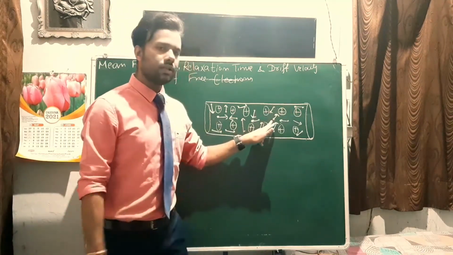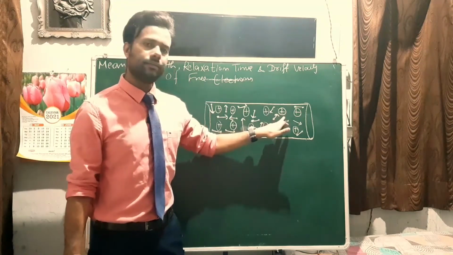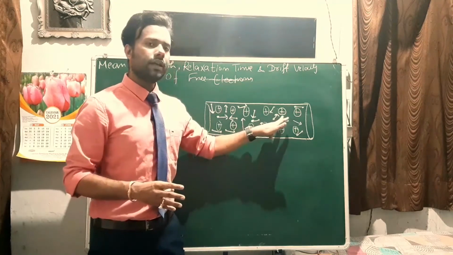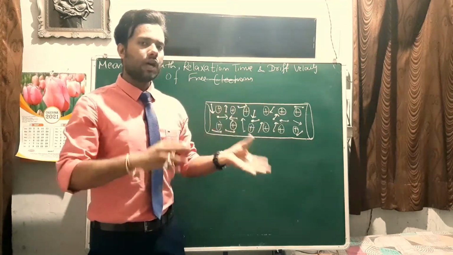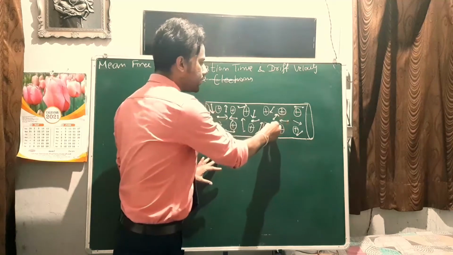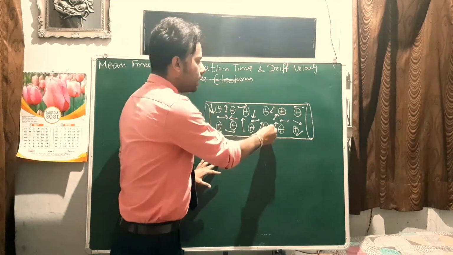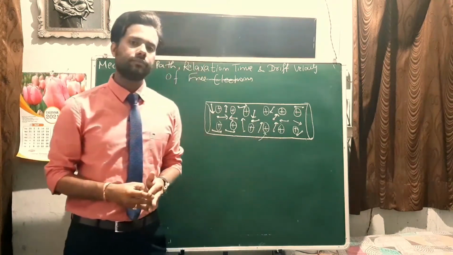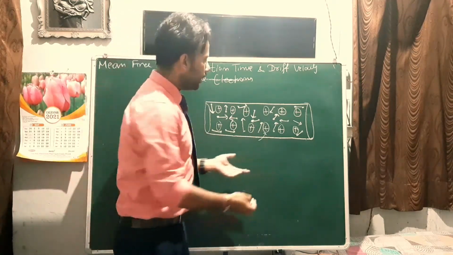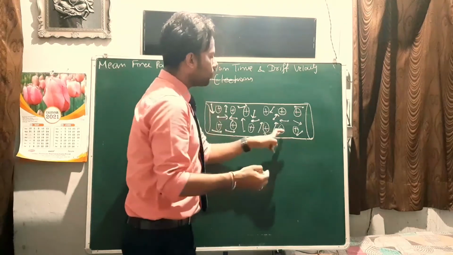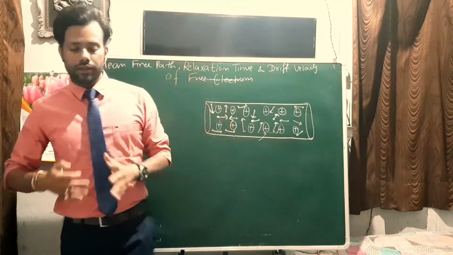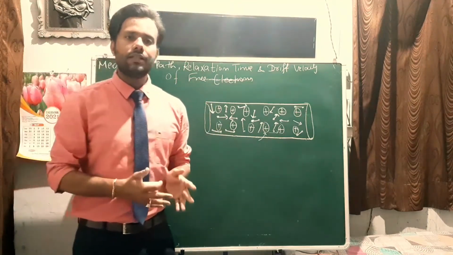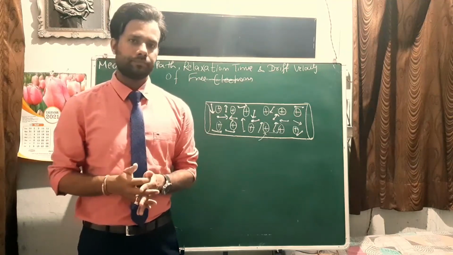After covering some distance, obviously it will collide with this ion, and as soon as it collides with this ion, it reverses direction. So after collision, it moves in this direction. Now this electron collides with this ion, again changes direction, then let's say it moves in this direction, and again collides with this ion. So the electron keeps on colliding with these ions and continuously changes its velocity.